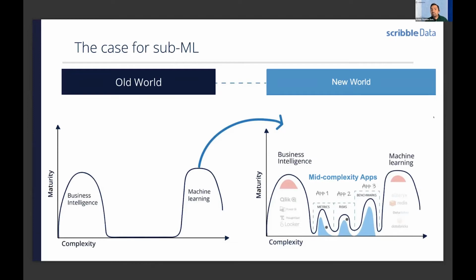But there's this in-between space where there's a growing number of use cases that we call the sub-ML space. And we are seeing a lot of companies and organizations requiring data applications to be built here. So they need data, they need all of the guarantees around data correctness, all of the trust around the ways that this data is generated and delivered, but without having to build complex machine learning models.